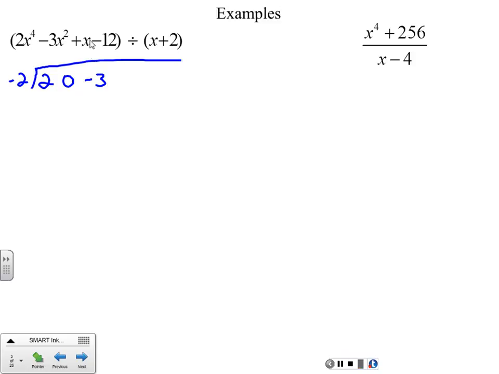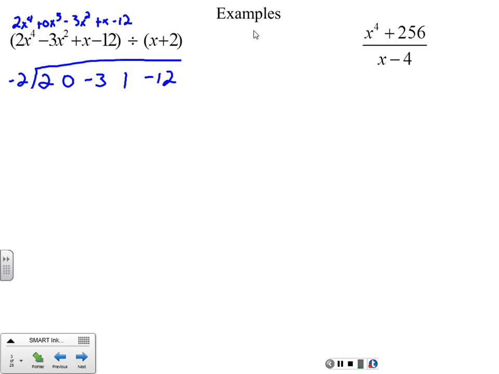Here's a 1. And then 0 is your negative 12. So your exponents, you have basically 2x to the 4th plus 0x to the 3rd minus 3x squared plus x minus 12. 4, 3, 2, 1, 0. And we're using the coefficients of each term. So 2, 0, negative 3, 1, negative 12.